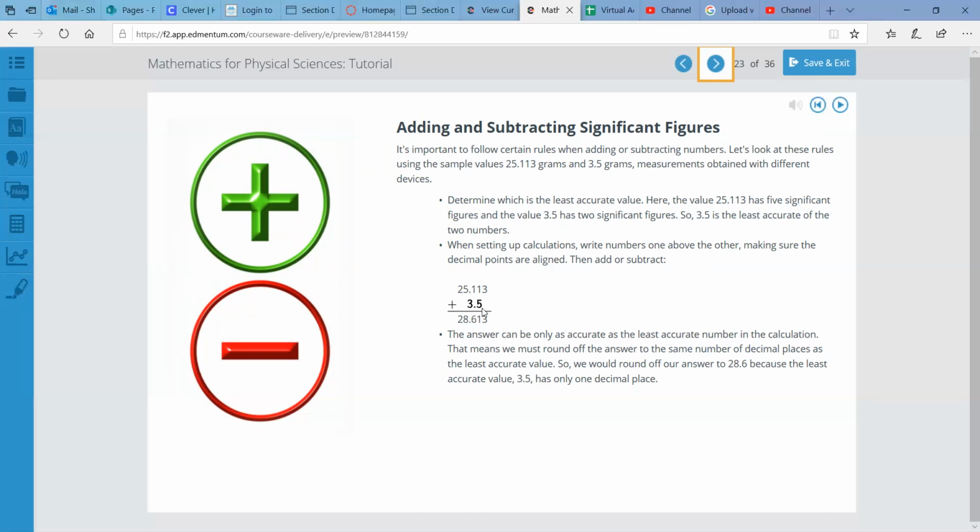However, this one's not accurate enough to use the last 2 digits. So we have to only use 28.6, okay? If you're adding, go to the number with the least significant figures, and you can only be as accurate up to this point, 0.5. So 28.6 is as accurate as we can get.